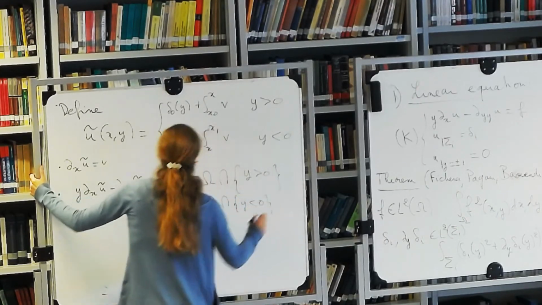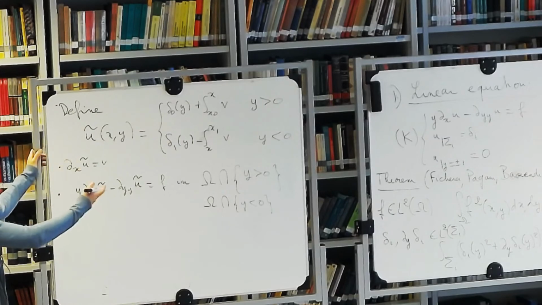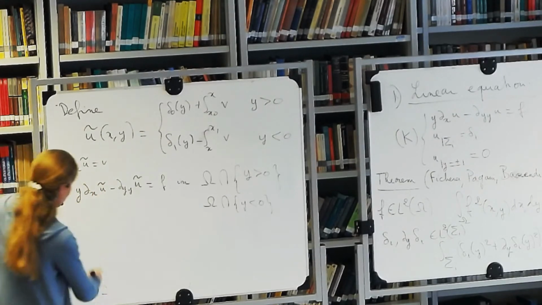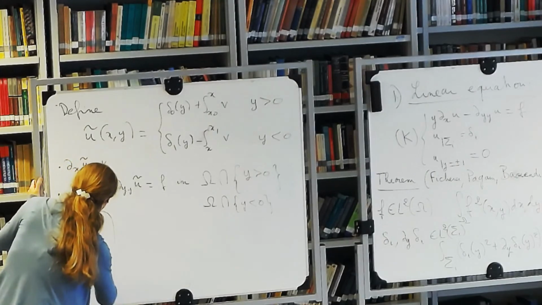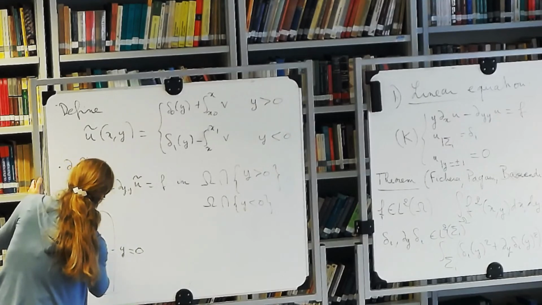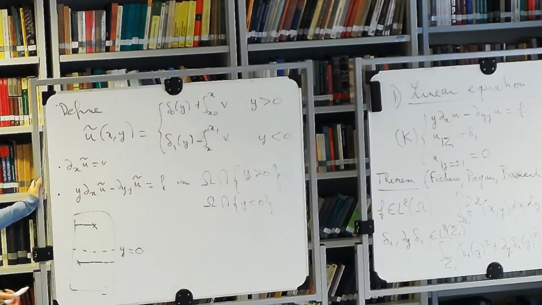So you might think, okay, this ũ is just u and I'm done. And it's not, because actually it might have a jump across the line y equals 0, because you define it in two different ways. You have your domain, this is the line y equals 0. When you're here, you integrate from this boundary; when you're here, you integrate from this boundary. And so you might have a jump across y equals 0.